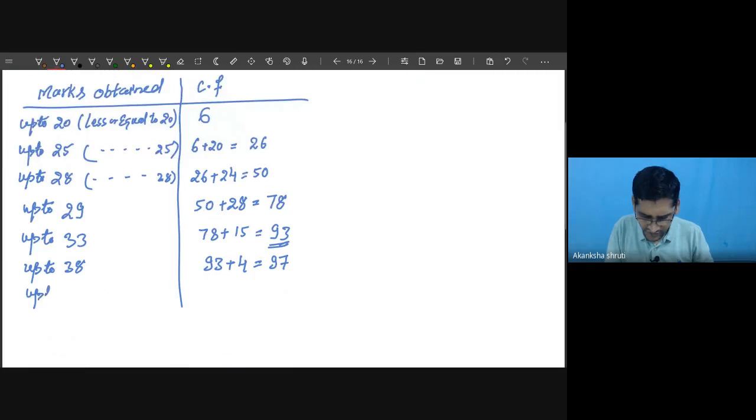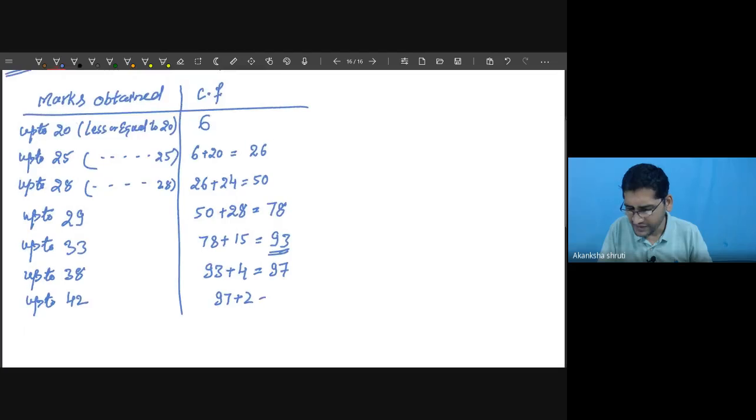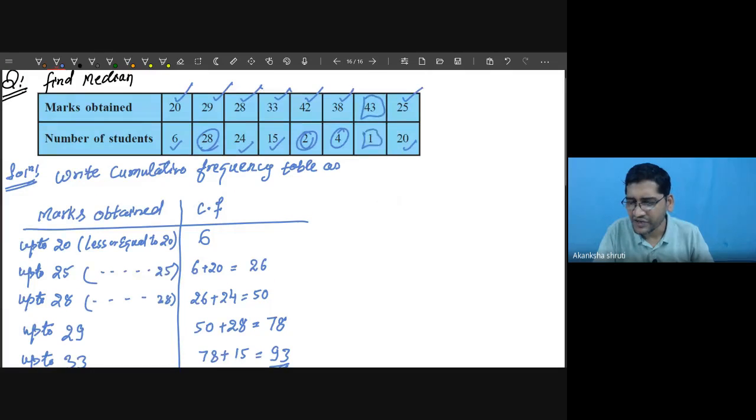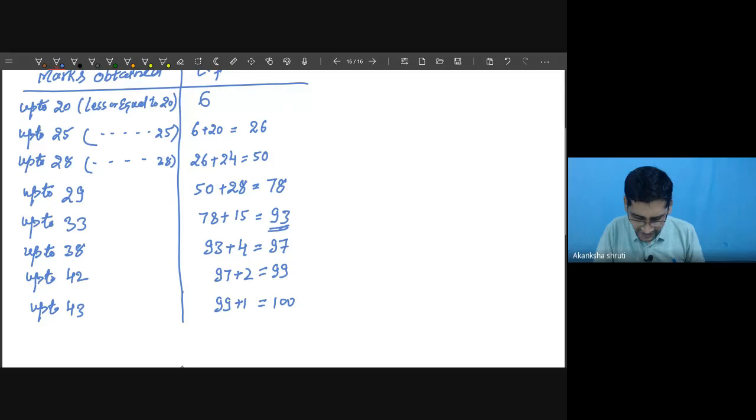So up to 42, this 97 plus 2, the 42 is occurring 2 times, to get 99. Then up to 43, the last entry, which is occurring only 1 time, so 99 plus 1 is our 100. Okay student, so the total number of observations, or the frequency, is 100.